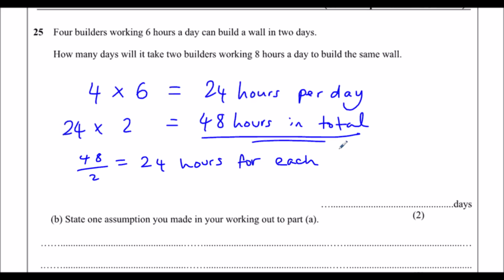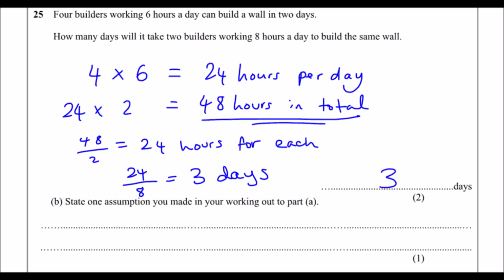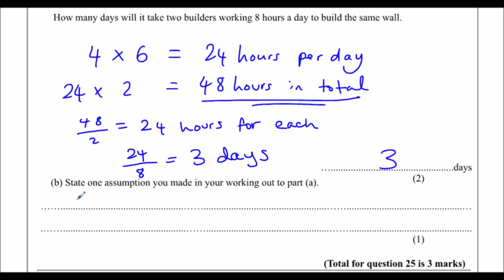So they need to do 24 hours of work each, and they're going to work 8 hours a day. 24 divided by 8, 3 days. State an assumption you have made. So the assumption is that the builders work at the same rate. All builders work at the same rate.